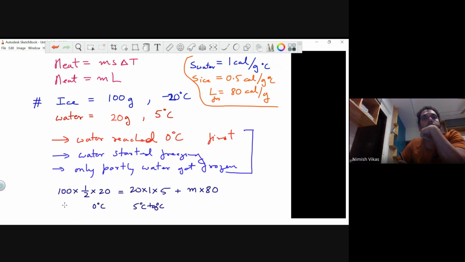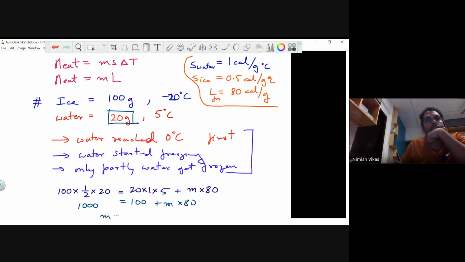So this is the equation. And I'll really pray to God that this M comes less than 20. If it comes more than 20, that means my equation has all gone wrong. Some of the ice, out of the 20 grams, has frozen. Is that clear? So we do the calculation. This is 1000. This is 100. And this is 80.